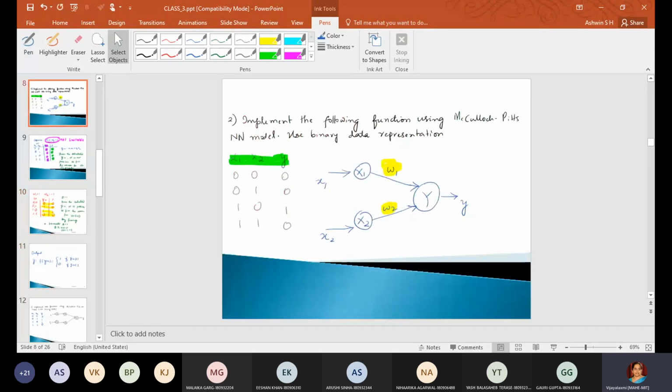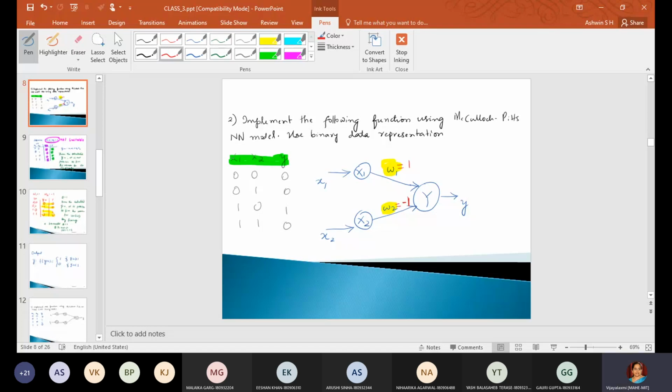Here I can write W1 equal to 1, W2 equal to minus 1. So this is how you solve any function if you are asked to design the neural network model using this particular theory. It is very simple. Only thing is you must know the steps.